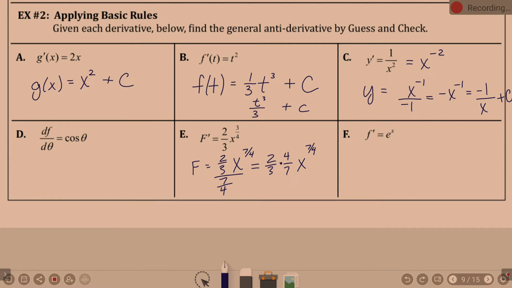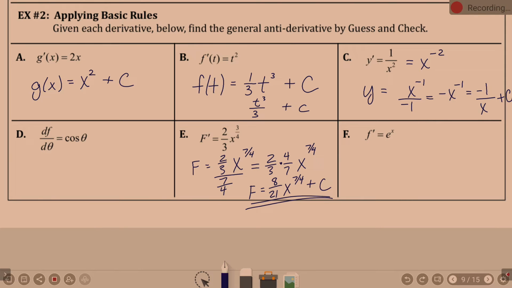And 2/3 times 4/7 is the magical 8/21 that Miles mentioned. So this is 8/21 x to the 7/4 plus c. You'll like it once you get used to it, I promise. It's an easy rule. Add 1 to the power, divide by the new power. Okay?